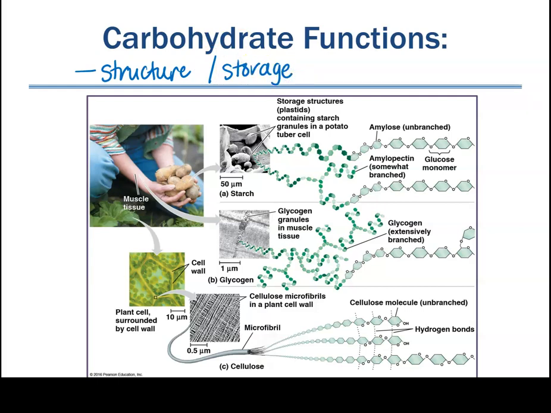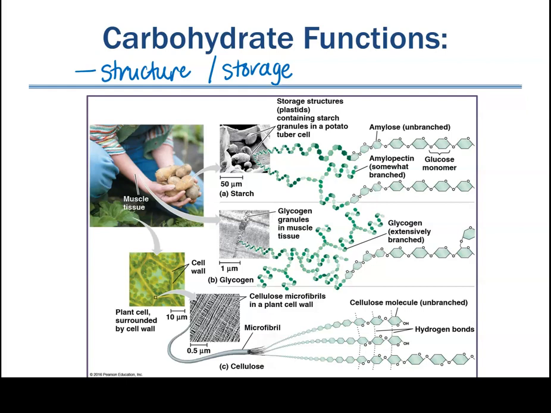So this really complicated busy figure is just showing you a couple of different ways that the monomers of glucose are linked together. And if you look really closely, you'll see some very subtle differences.